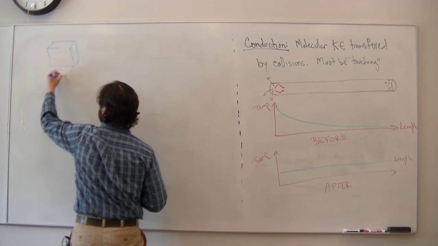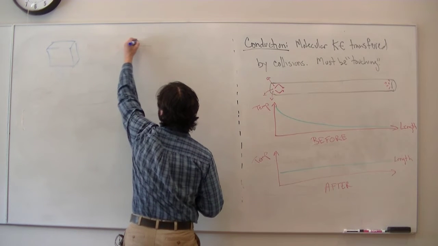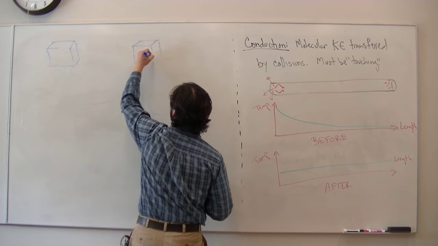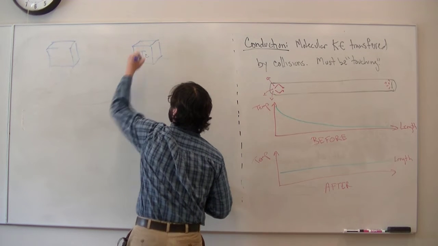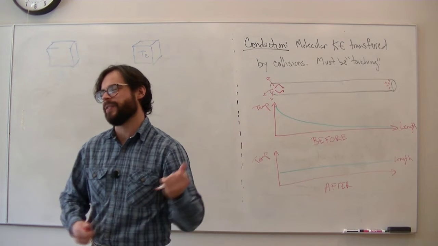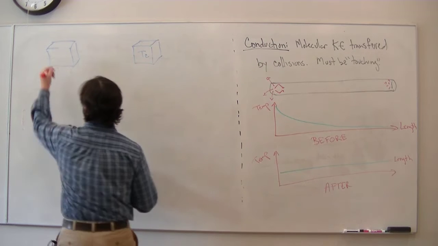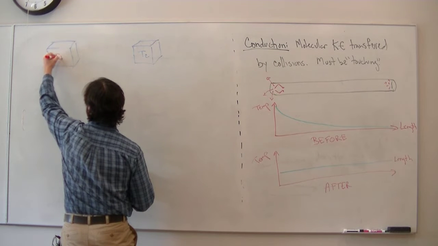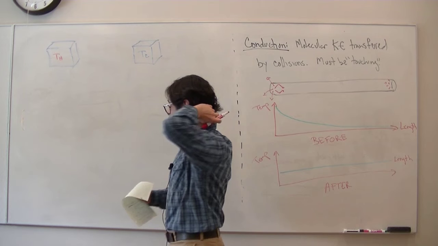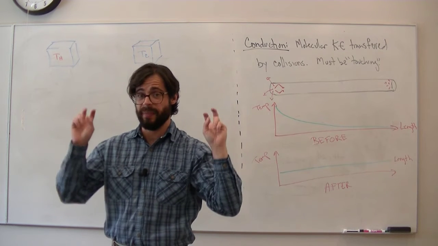So I'm going to have a hot and a cold reservoir. And what reservoir means is it's basically so big that its temperature is never going to change. So I can let all the heat that I want come out of the hot side, and it's never going to actually increase the temperature of the cold side. So it's really just a mathematical statement that these things are really big.